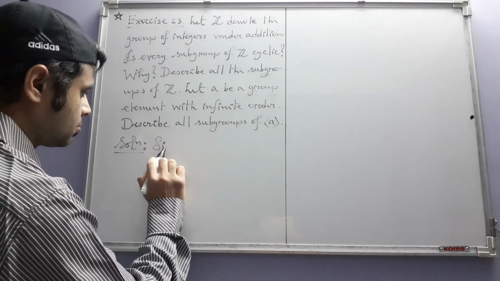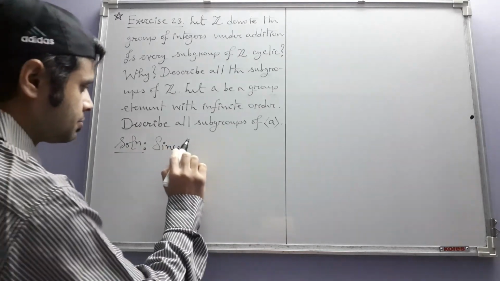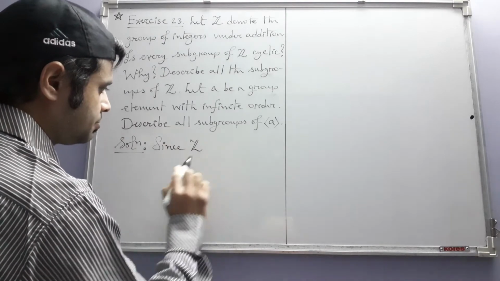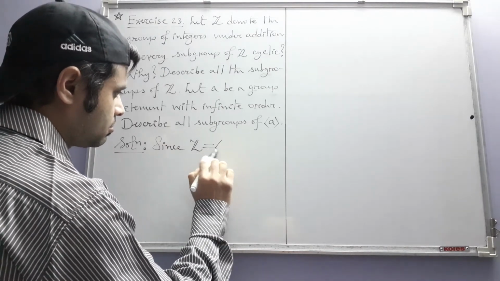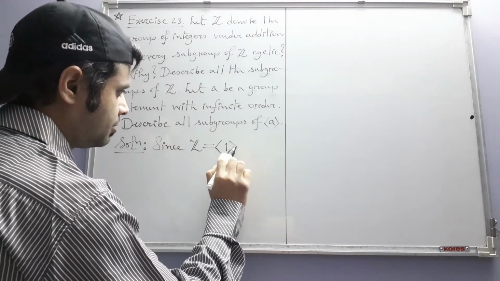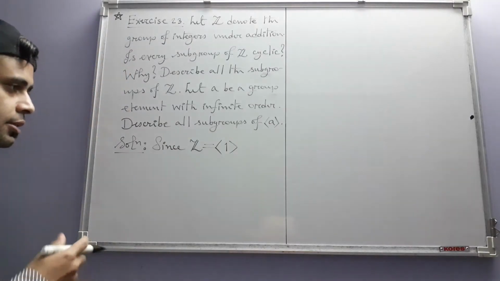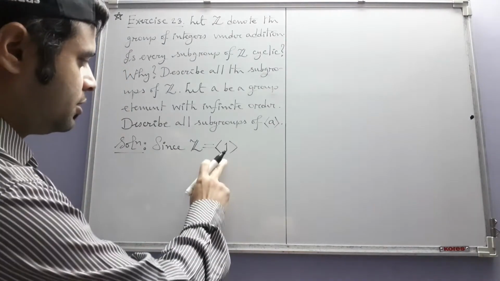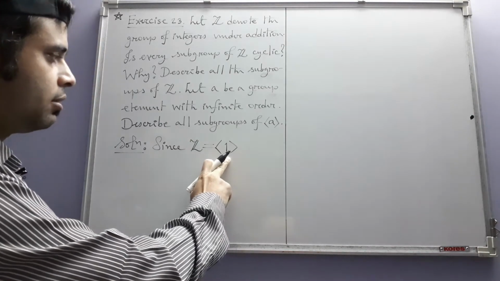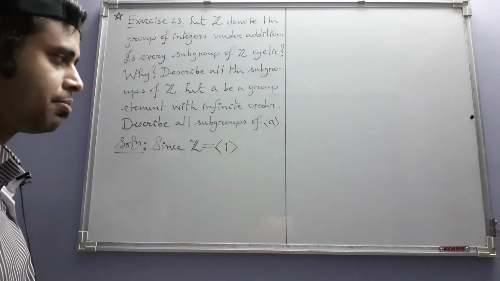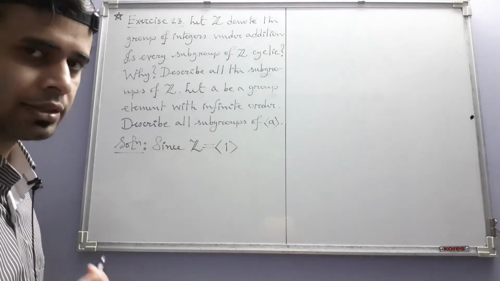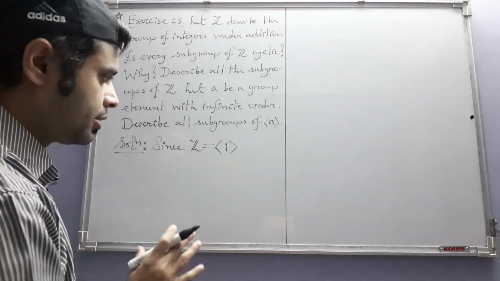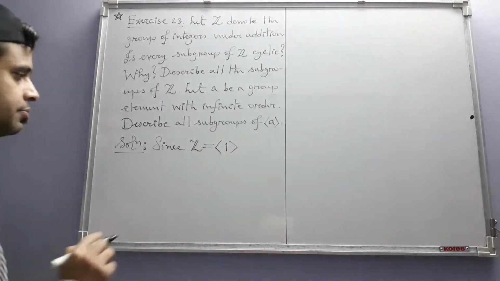Since the additive group of integers is itself a cyclic group which is generated by the integer 1. It is also generated by -1, but you need to show only one generator to show that it's a cyclic group.